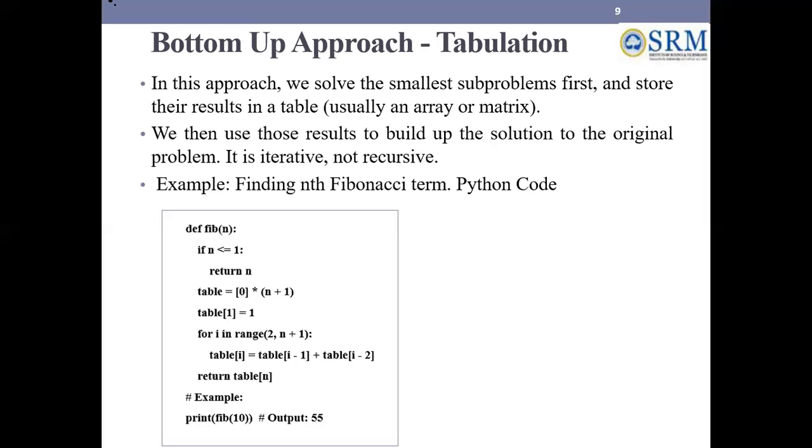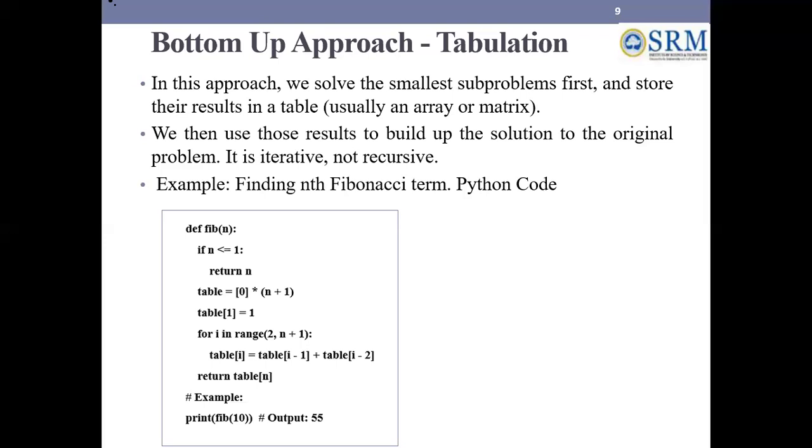In the bottom-up approach, tabulation, we solve the subproblem first, then store the result in a table, usually an array or matrix. Then we use the result to build up the solution to the original problem. It is iterative, not recursive. See the Python code, Fibonacci of n. If n is less than or equal to 1, return n. Else, here is the iteration.